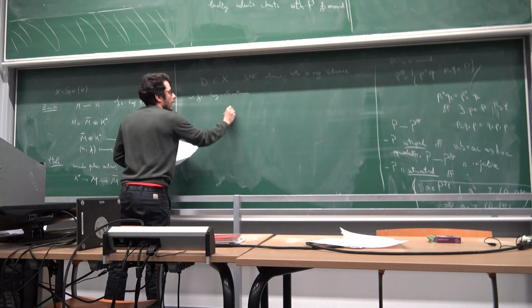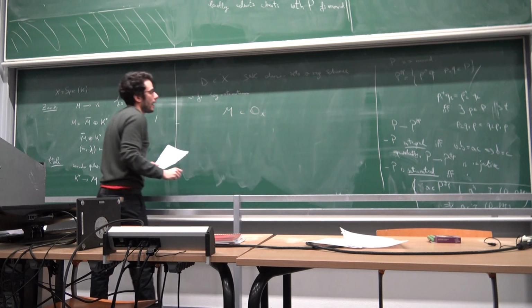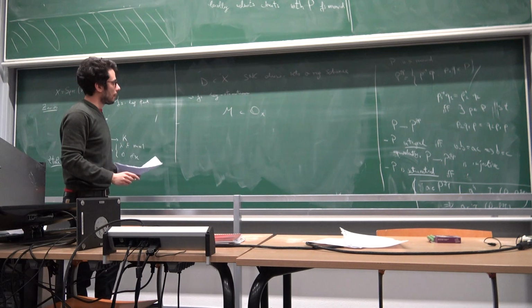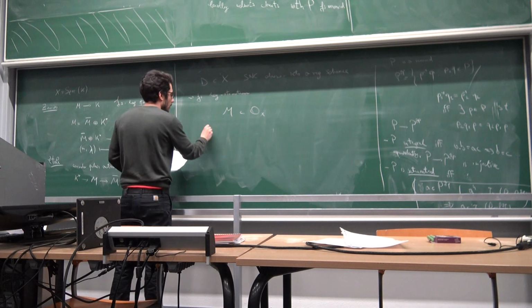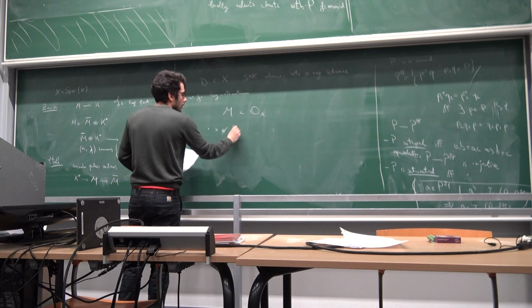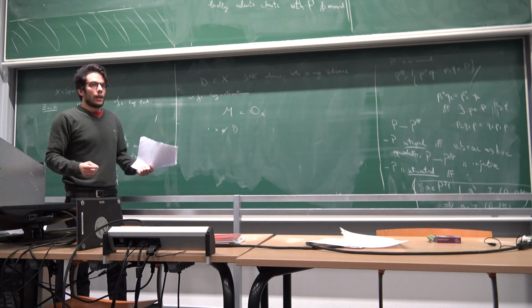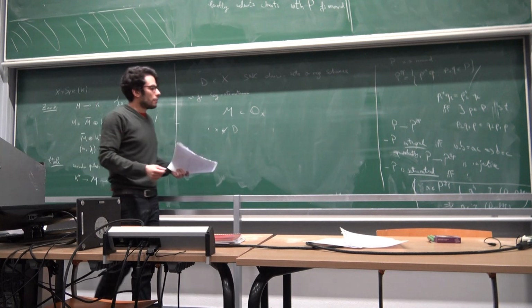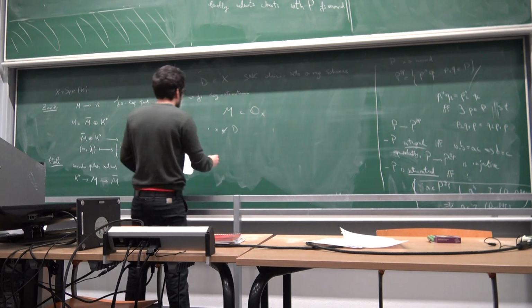Recall that M was the subsheaf of O_X of functions invertible outside D. If x is not in D, then the log structure is trivial, and we can take a chart with P equal to 1, for example.